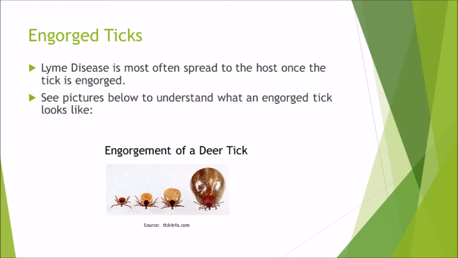The final nymph size, if it began as a nymph, is about the size of a small grape when it is fully engorged. And this is the time when the blood flows into and out of the human body through the tick, and the bacterium can infect the host.